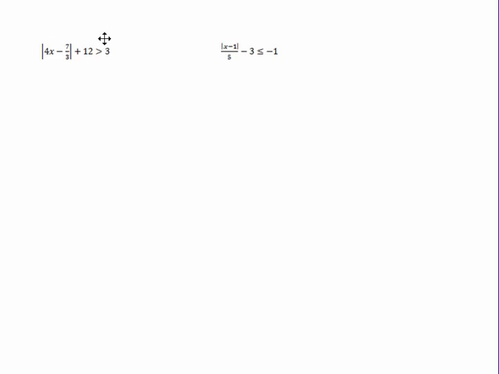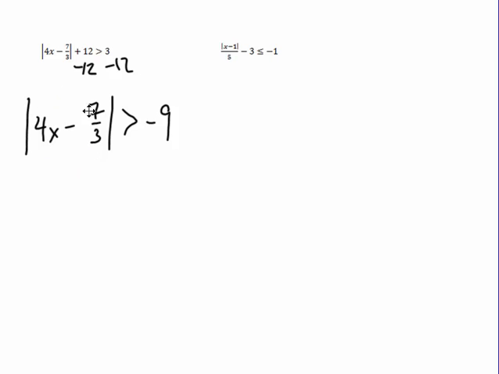Okay, for this one here, this one was complicated. Well, let's isolate the absolute value bars first. So I'm going to take 12 away, minus 12, and I get the absolute value of 4x minus 7 thirds is greater than, let's see, what is that, negative 9?